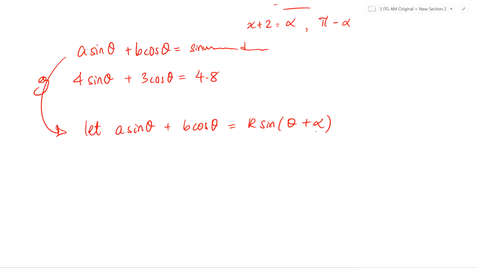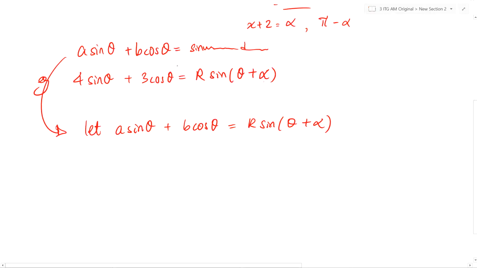Now I'm going to rewrite an expression like this, A sine theta plus B cosine theta, like this. Meaning, I can convert my 4 sine theta plus 3 cosine theta to become R sine(theta plus alpha). Okay, I want to do a conversion.